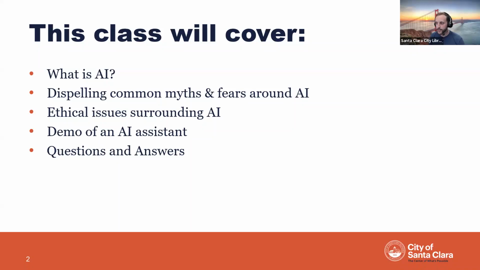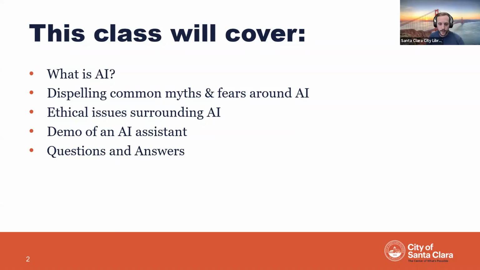We're going to briefly dip into some ethical issues surrounding AI because that's a big part of this, and another thing that I hear a lot of people ask about. Then I'm going to go into a demo of an AI service, ChatGPT, which I'm sure most, if not all of you, have heard of. And then, like I said, at the end we will have a chance to do some questions and answers.